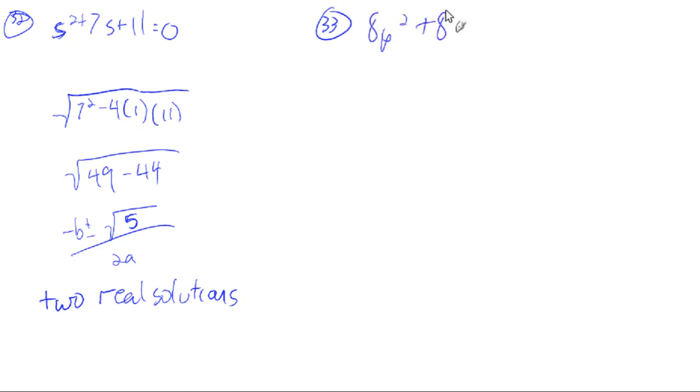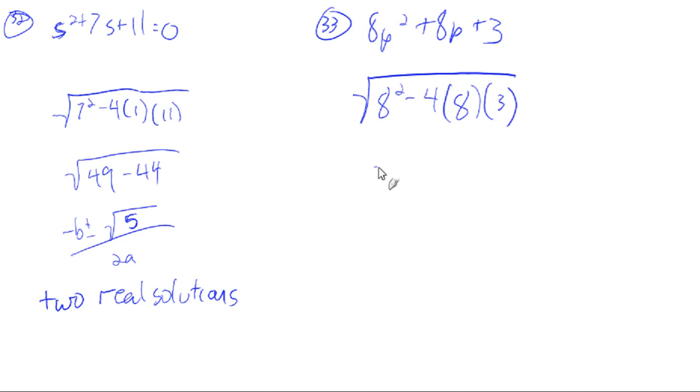Right? And number 33, eight p squared plus 8p plus 3. So it would be the square root of b squared, that's 8 squared, minus 4 times a times c, and we'll get 64 minus 12 times 8, 12 times 2, 96.